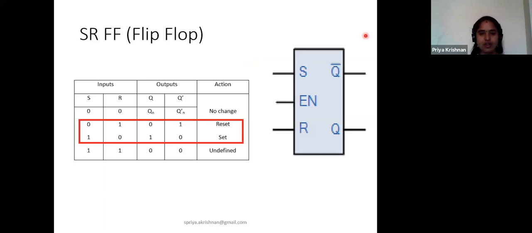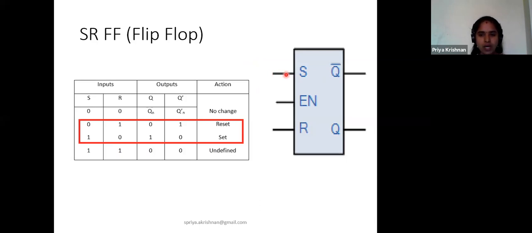Okay, very good, set or reset flip-flop. We know flip-flop as a phone model, but what is a flip-flop? A flip-flop will change its state, that is, 1 0 1 0. It will keep on changing its state. That's why it is a flip-flop, and here it is a set or reset flip-flop.